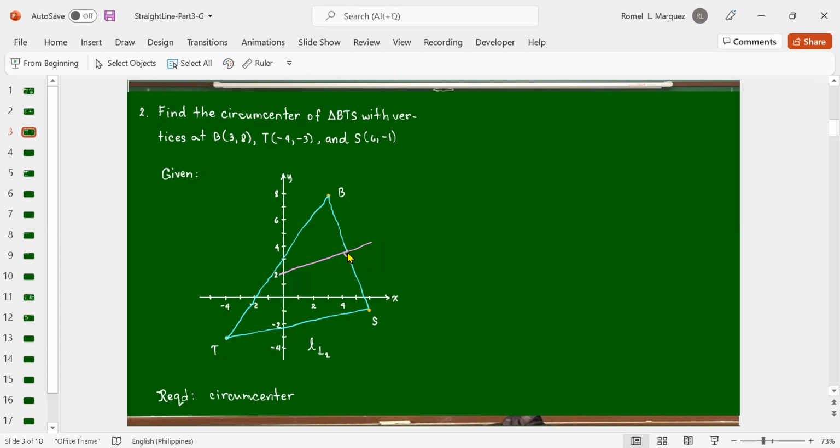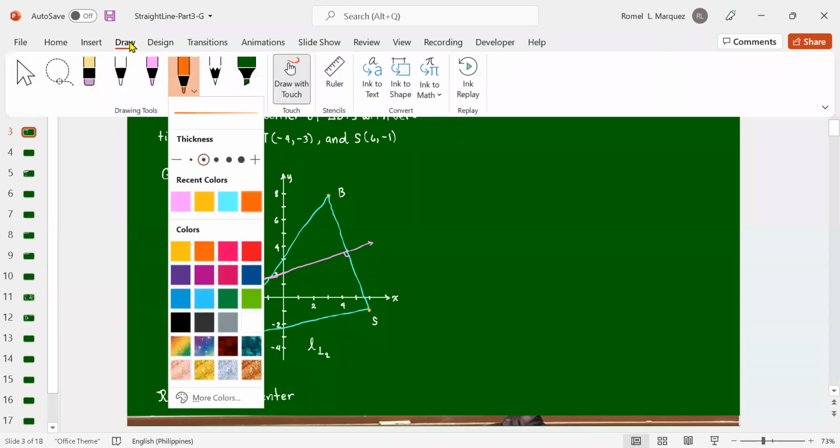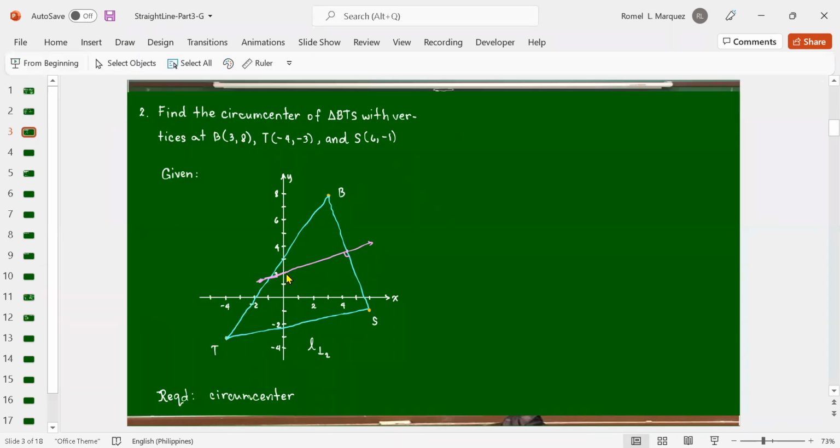This is supposed to be the midpoint. Another one, where are we going to get it? So let's say from TS. Let's draw it from TS. Perpendicular bisector here.